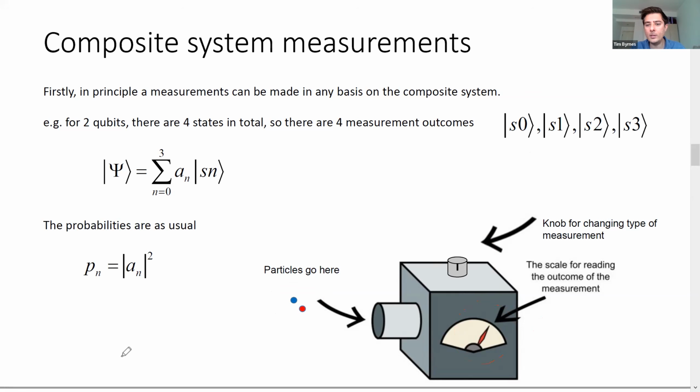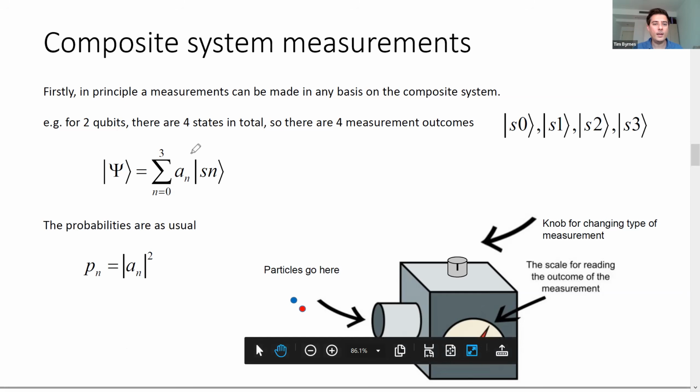It just so happens that these 4 states come about from different combinations of the 2 particles, but there are still going to be 4 different outcomes.